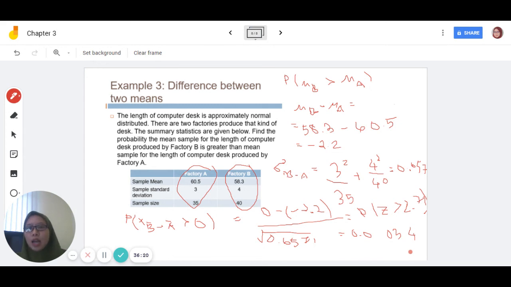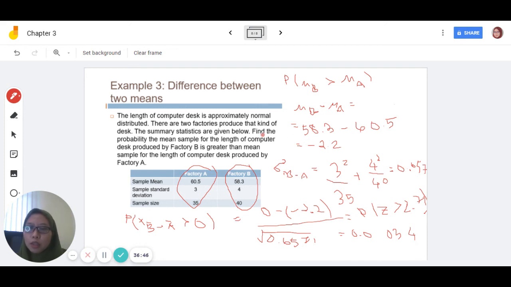So that is how we can find the probability between two populations. We compute the sample means and find the difference, then compute the variance for the difference of the two means, and substitute it into the z value to get the probability.